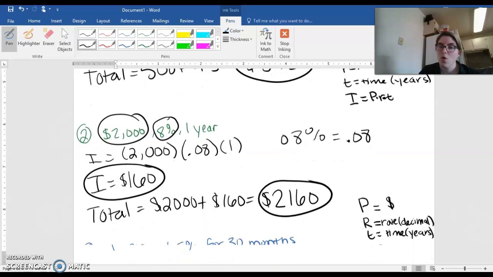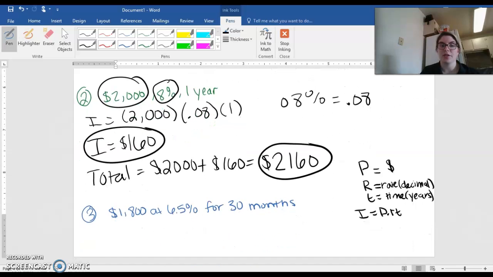Okay. Where it does get a little bit tricky is, so like on this next one, it says $1,800 at 6.5% for 30 months.